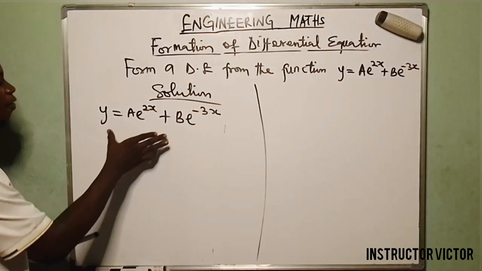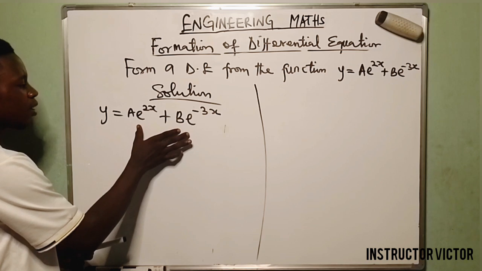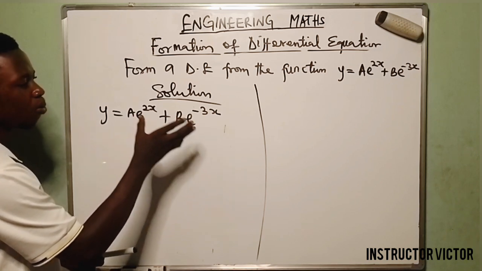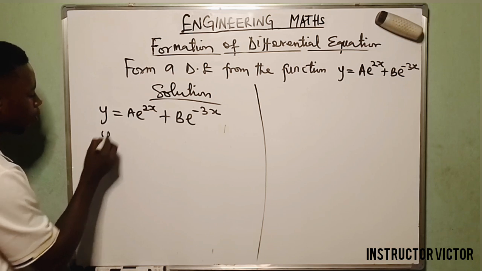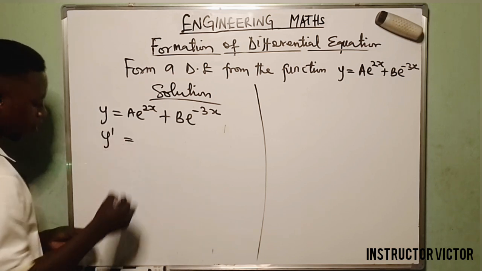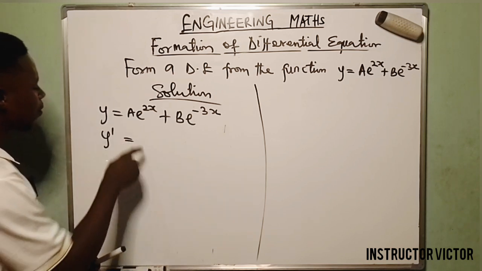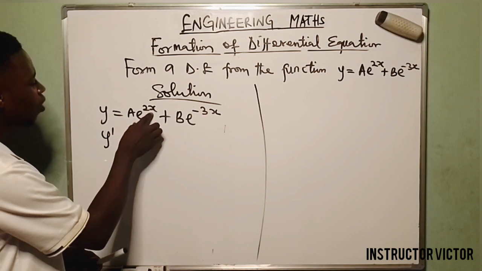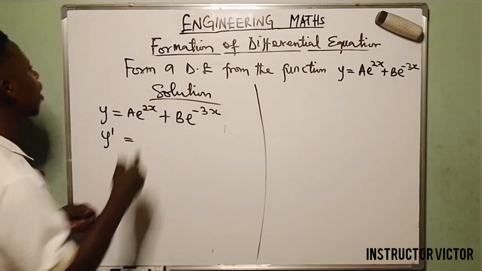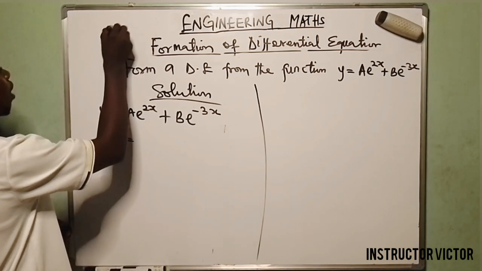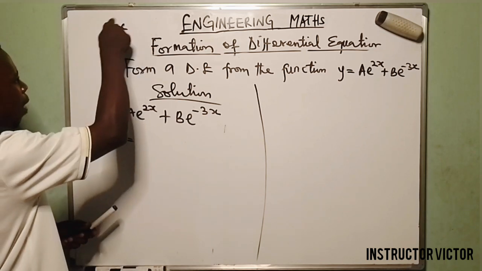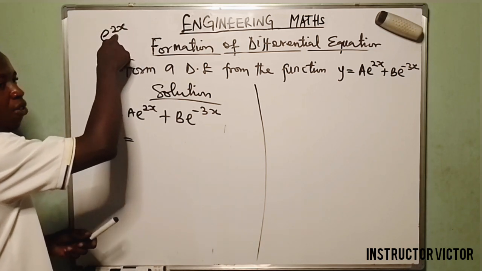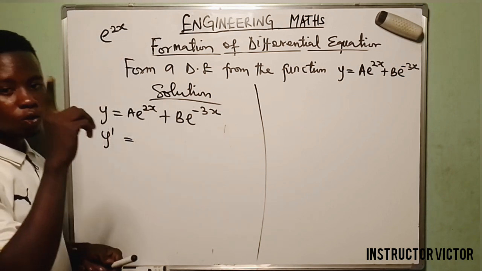Now, we have two arbitrary constants. This shows that we are going to be differentiating twice. For the first differentiation, we have a exponential 2x to be differentiated. I told you that when you are differentiating such as exponential 2x, what we do is differentiate that power. When you differentiate 2x, you are going to have 2.